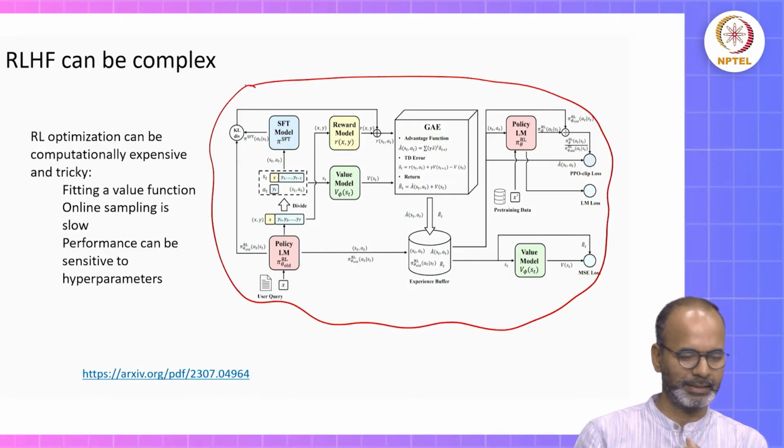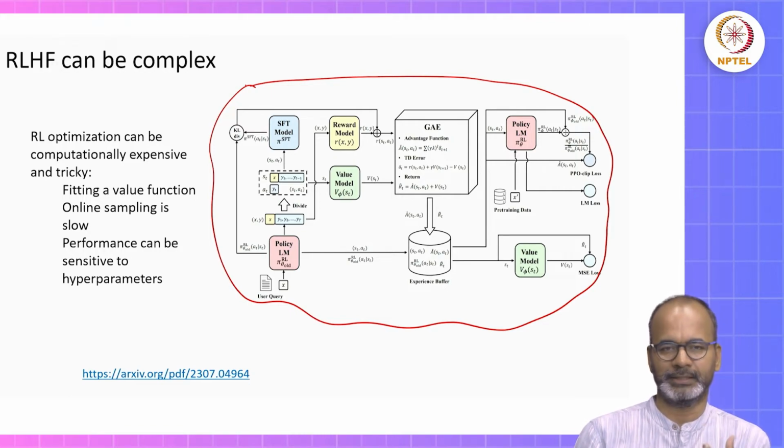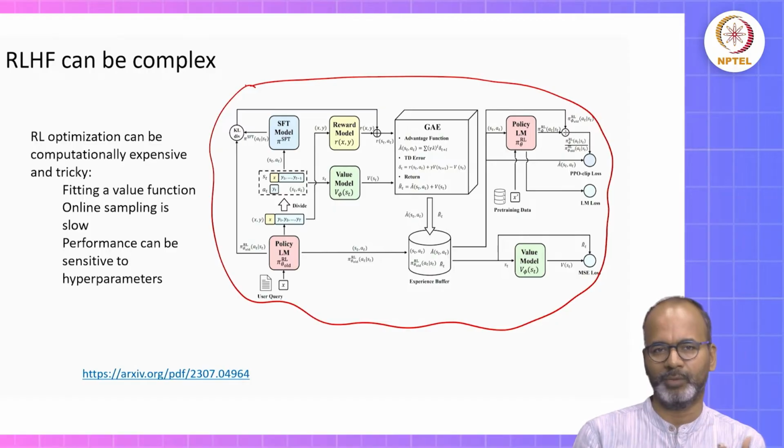For example, RLHF optimization can be computationally expensive, right? If you go back to think about the functions that we saw, optimizing that can be very, very hard because of the reward itself. What is a reward? How well the reward function is defined. All that is harder.